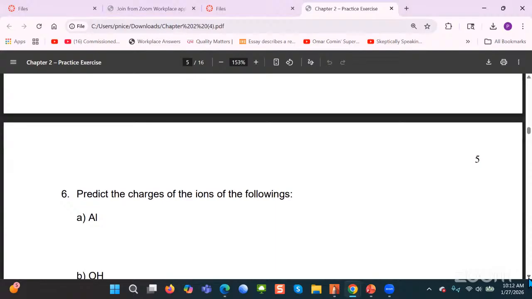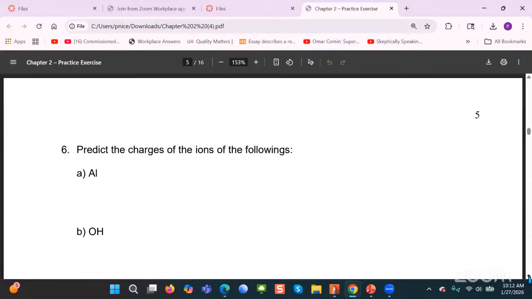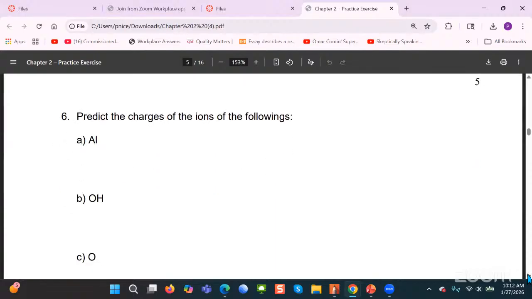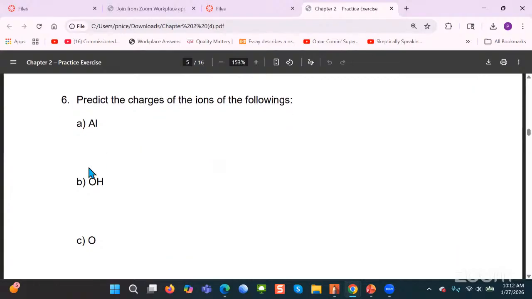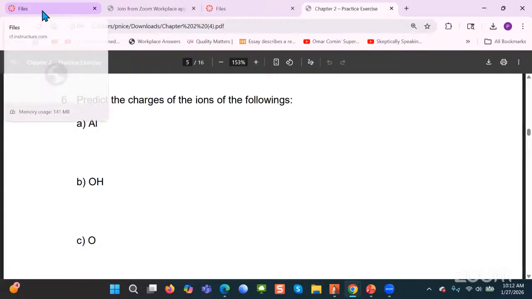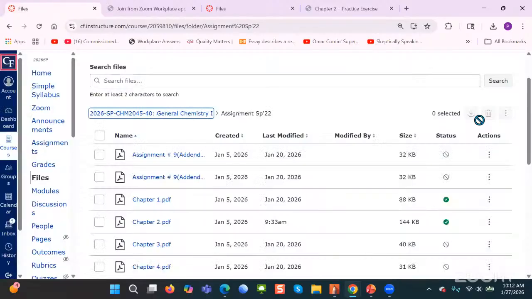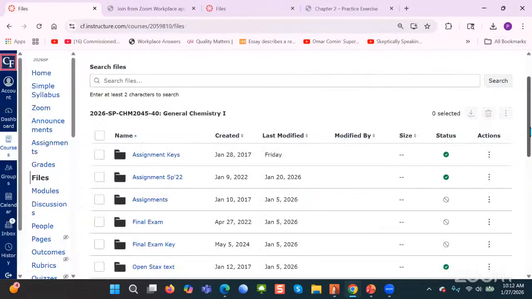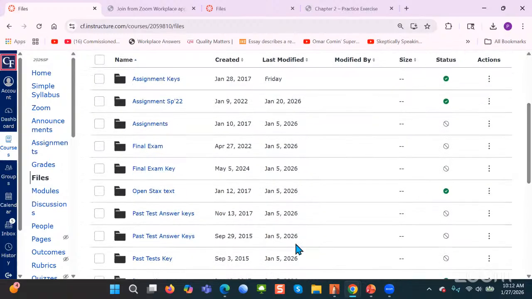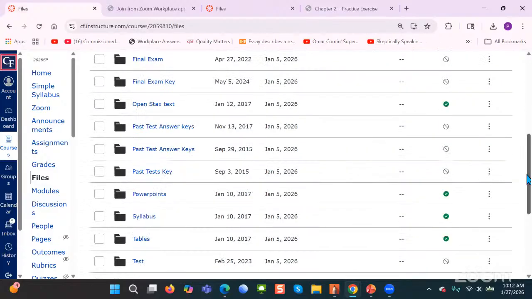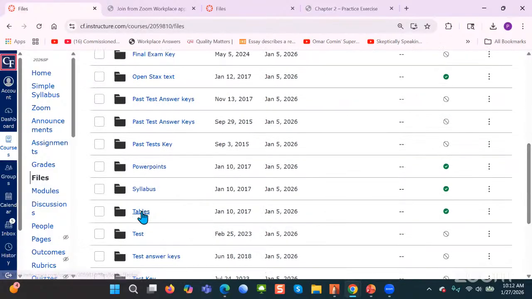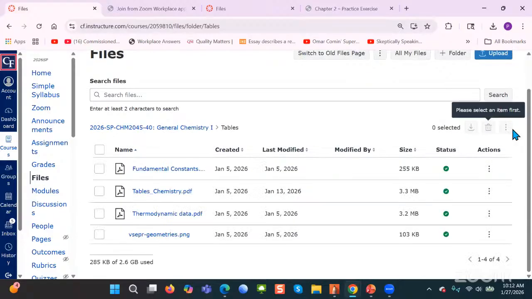To the next one. I can't just leave this for you to do because basically all you have to do is write down the charges for the ions. Now, I don't know if I told you, I think I did, the document which contains the periodic table and so on also has a list of ions, actually 3 pages with a list of ions.